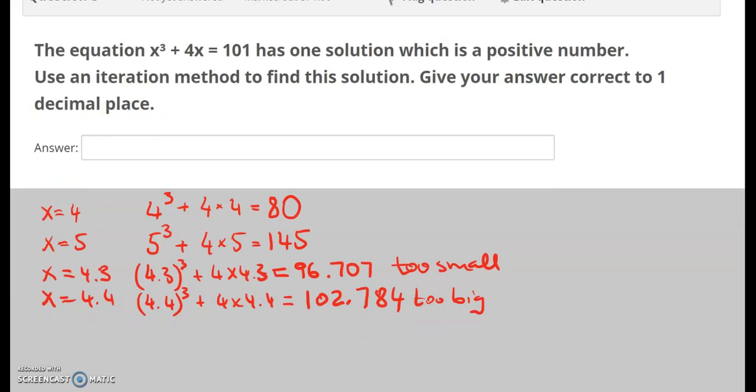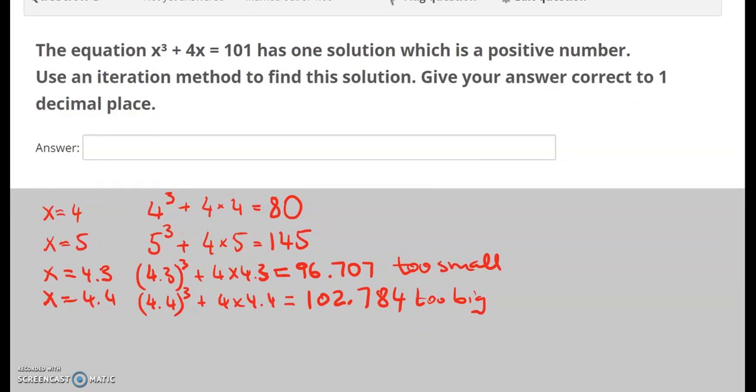To decide which one is going to be the final answer, we are going to look at 96.707 and 102.784. Which one of these is closer to 101?